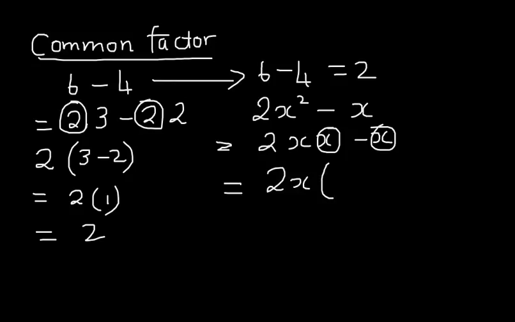Then you are left here with 2x, and in the next term you have minus 1, because minus x is equal to minus 1 times x. Remember that. It's important.